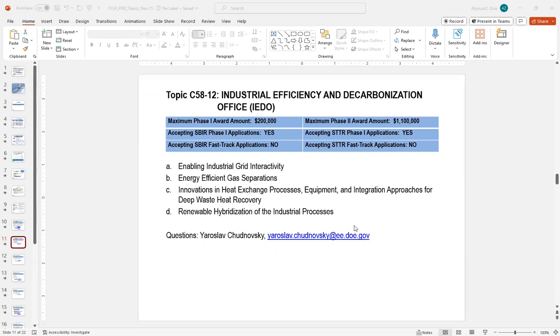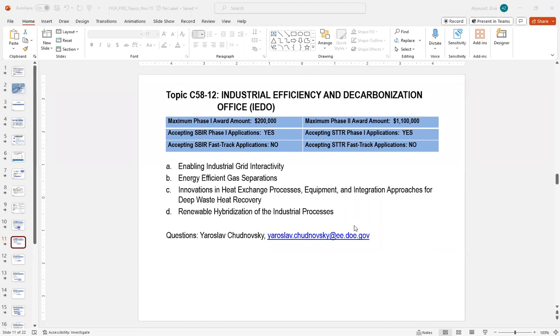Let me see if there are more. There's a question for 12, but it did not indicate which subtopic. I'm going to read it anyway. Would an innovation which converts waste heat from a wastewater treatment plant into electricity be a good match for this?